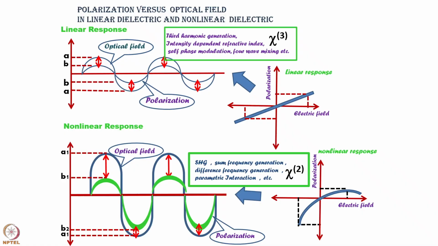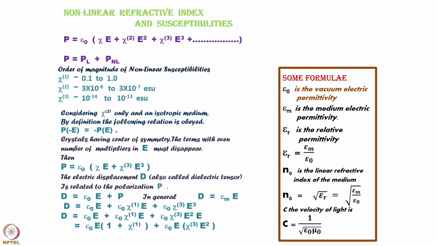So, let me start off with chi 3, and I will tell you why. If you see the nonlinear refractive index and susceptibilities here, this is the same equation given earlier.